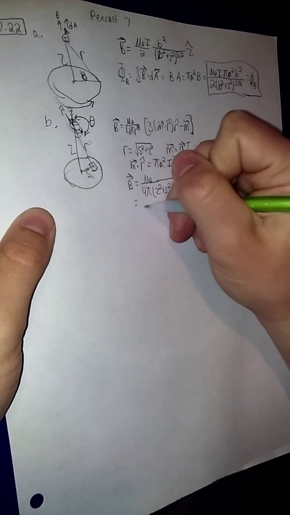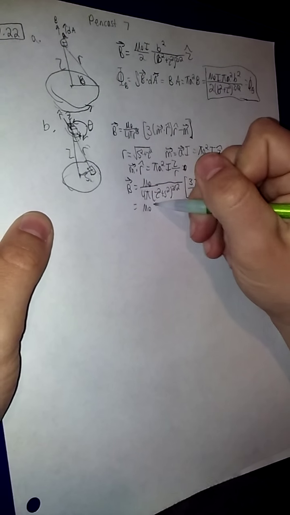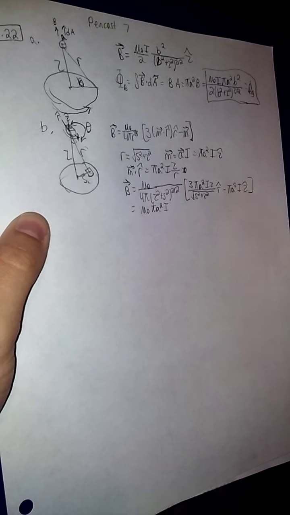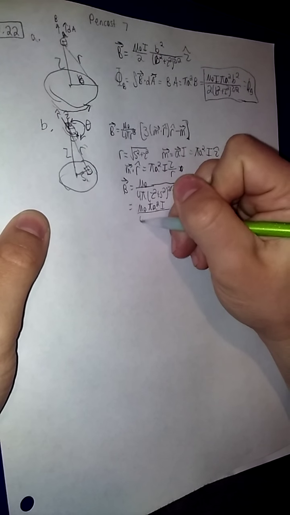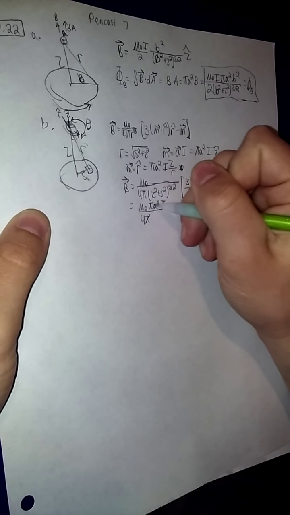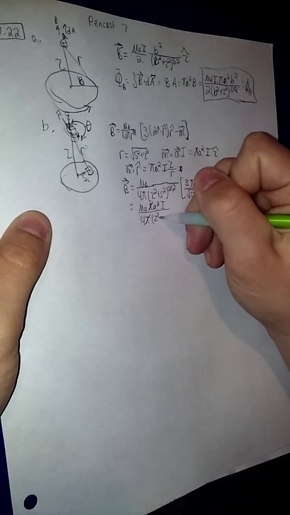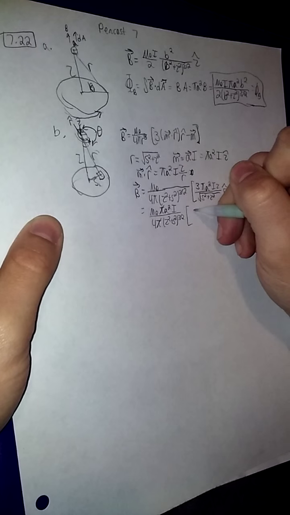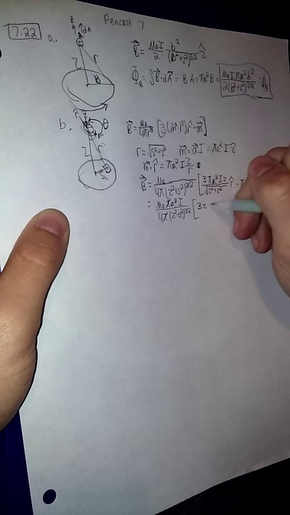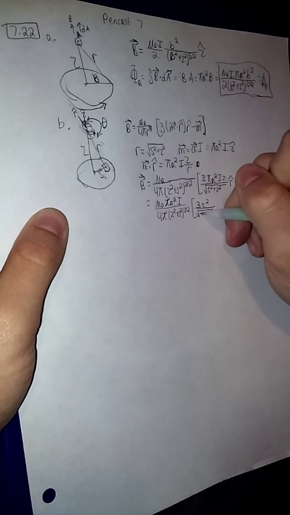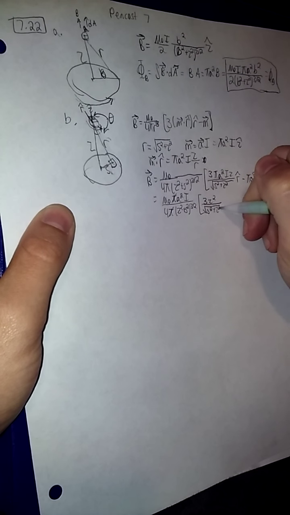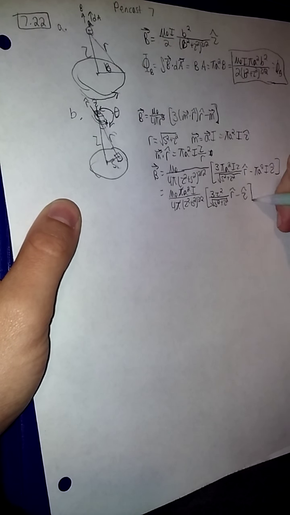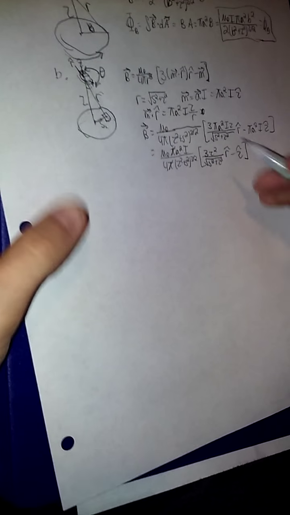And one last step, you can pull the pi a squared I out. Okay, so that's the magnetic field.